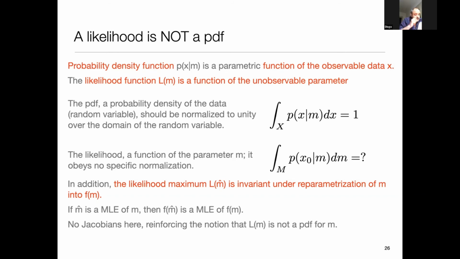The likelihood function L is instead a function of the parameter M. So if you plot it, you have M on the horizontal axis.